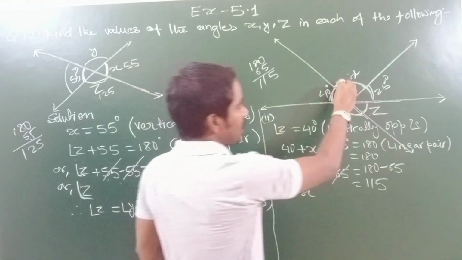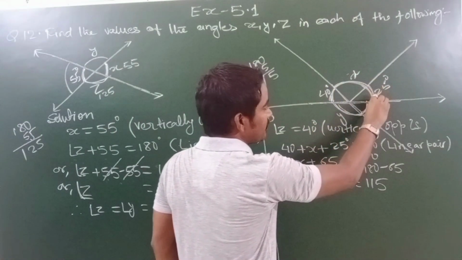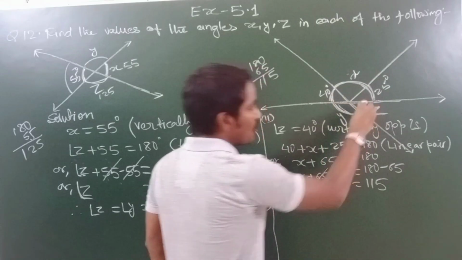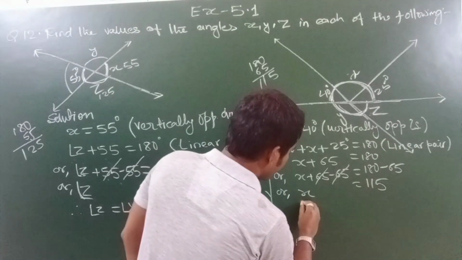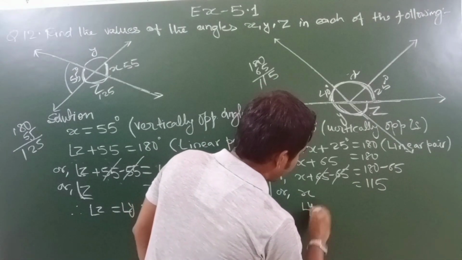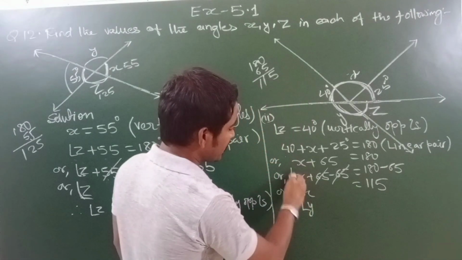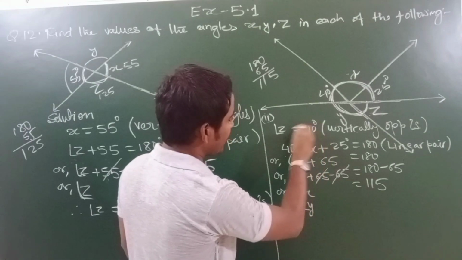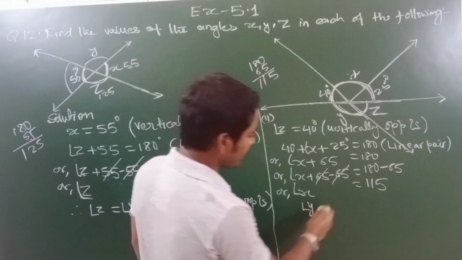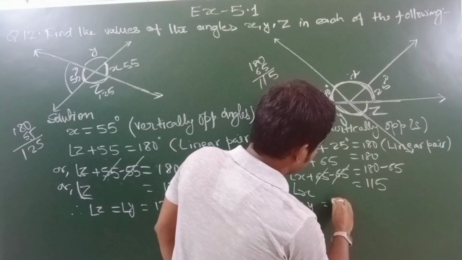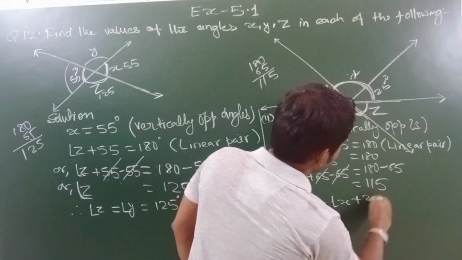Look again here, angle x plus 25 will be equal to angle y. Why? Because they are vertically opposite angles. So here we will write angle y. Okay students, as we are finding out the angles only, you can write here angle y is equal to angle x plus 25 degree.